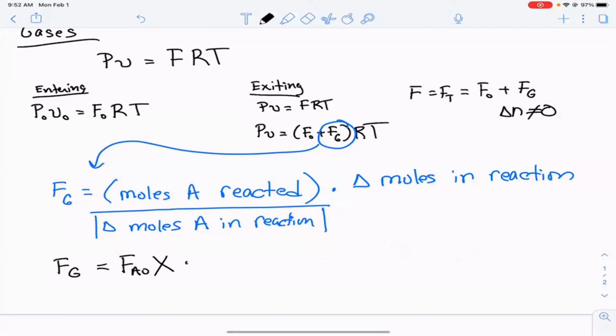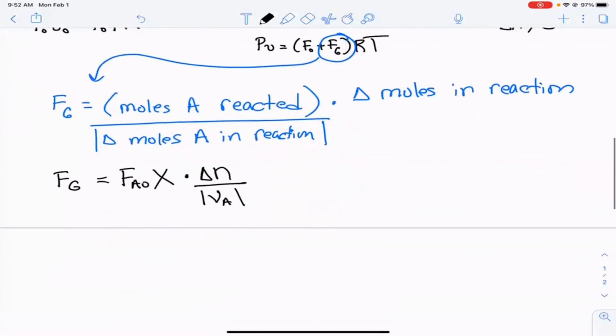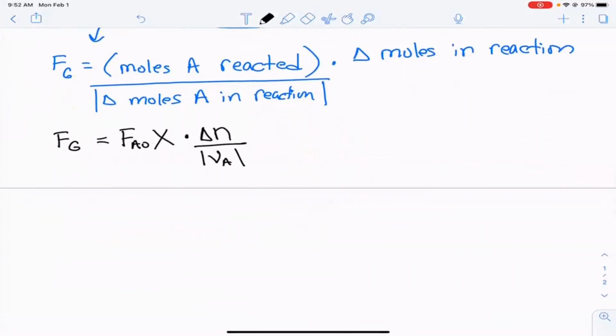And now the change in the number of moles in the reaction is this thing that I call delta N, right? It's basically the sum of all the reactant stoichiometries, divided by the absolute value of the stoichiometry for A. Okay, so I'm going to make one more simple substitution, and then we're going to see how this gets incorporated.